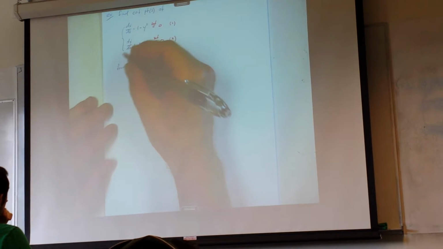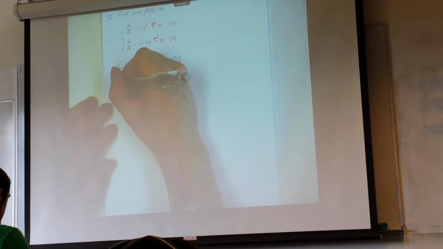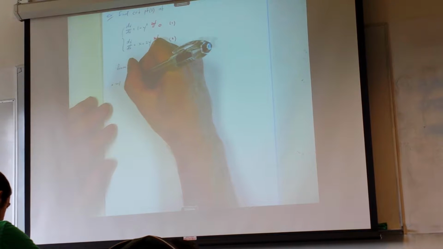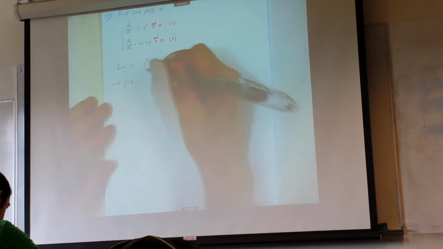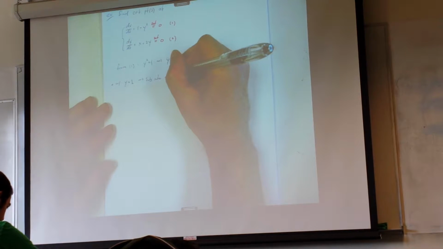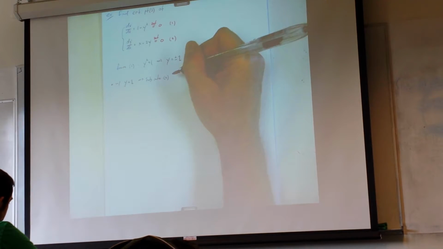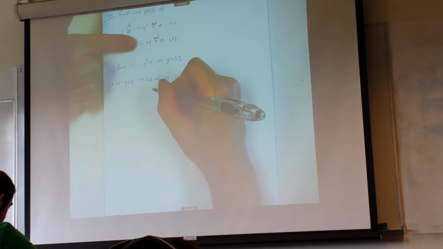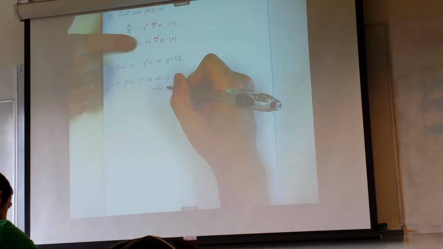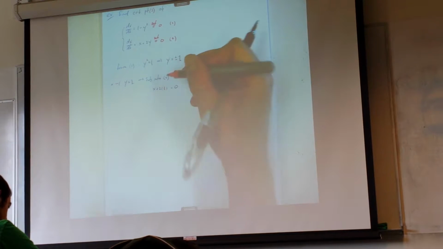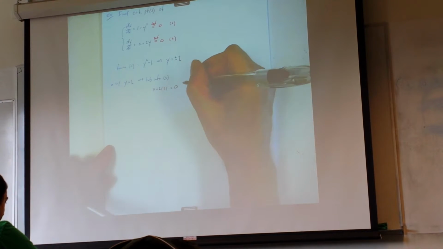So let's start, for instance, from y equals 1. If I plug y equals 1 into 2, we get x plus 2 times 1 equals 0. So what does x have to equal?